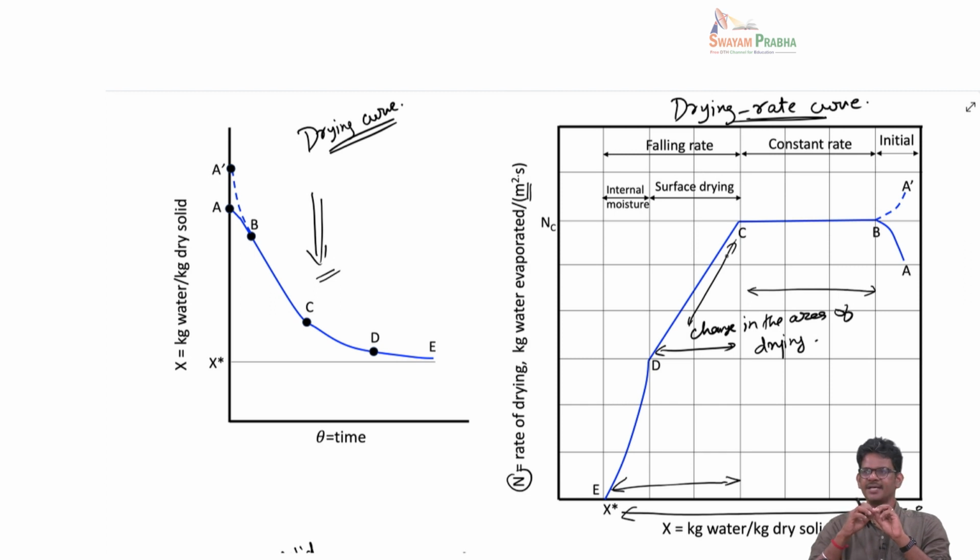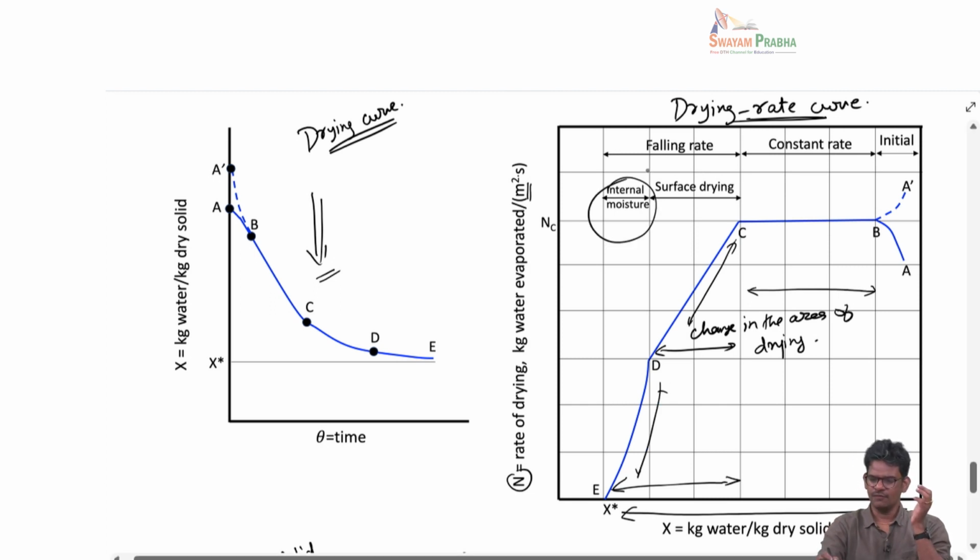Now, I already said the moisture inside the body is called bound moisture, and the bound moisture is kept inside the capillaries, inside the microstructures due to strong interaction between the water and the interior surface, and that water will have to come out. Okay. So, then we are talking about mass transfer rate limited by the internal diffusion of water from the interior to the surface. Okay. And that is what we say is drying of internal moisture.